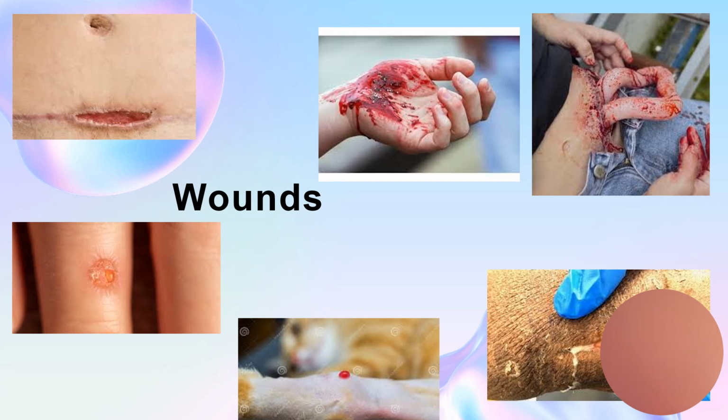We need to eliminate dead space, control odor, eliminate or minimize pain, protect the wound and peri-wound, meaning approximately 4 centimeters around the edges of the wound.